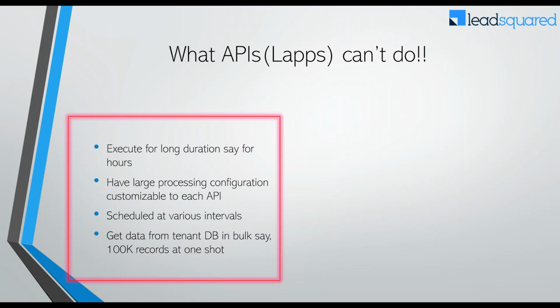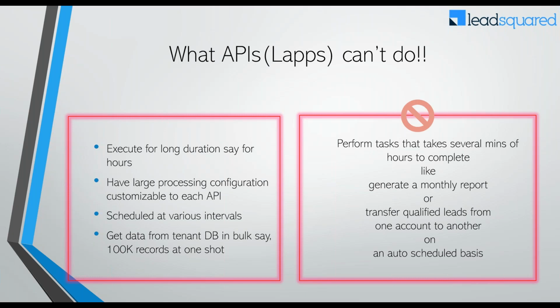There is no scheduler where you say, please run this API every night at 11:30 p.m. So there is no scheduler option for APIs. And obviously, as I already mentioned, the last one is that they cannot process bulk data or even get data directly from their main tenant DB, and they cannot definitely play with it.